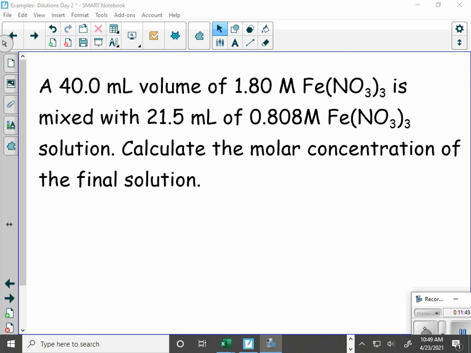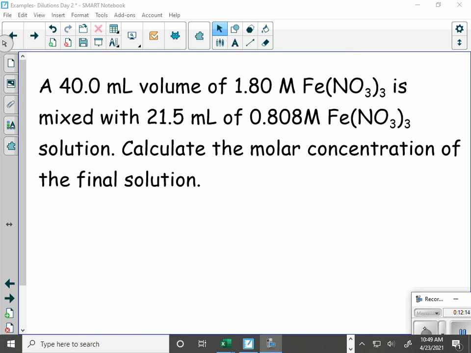Now, this problem, ladies and gentlemen, I'm taking 2 different molarities and 2 different volumes and mixing them together. So I am not using M1V1 equals M2V2 because I've already got all of that information.